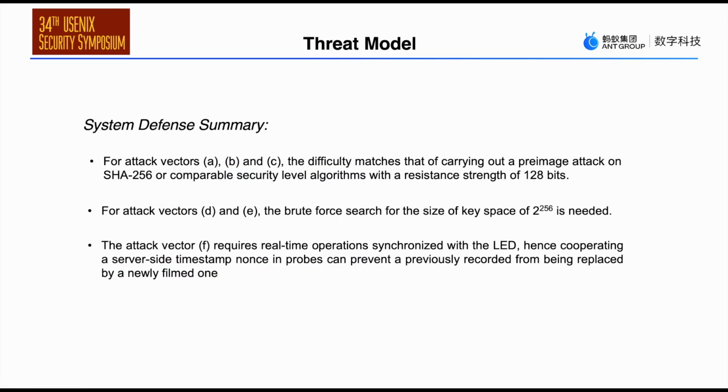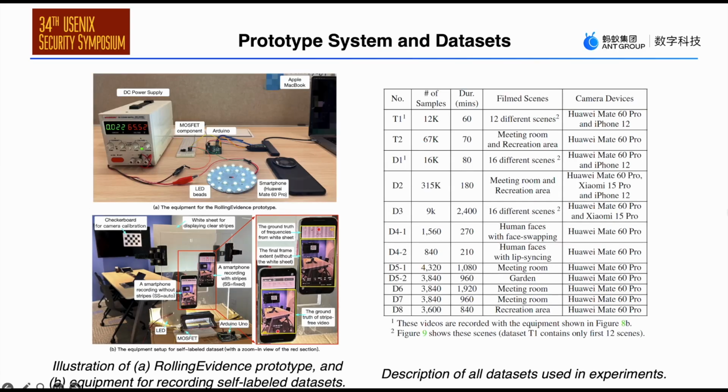Attack vectors A to C offer 128-bit resistance akin to SHA-256 pre-image attacks. Attack vectors D to E provide 256-bit security. Attack vector F, requiring real-time LED coordination, is mitigated by a server-side time step nonce preventing replay attacks.